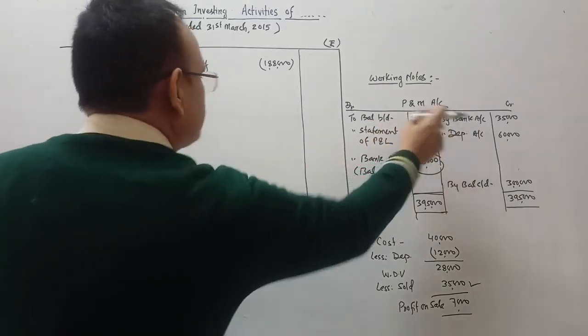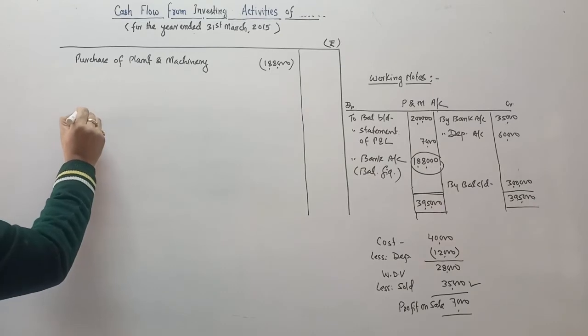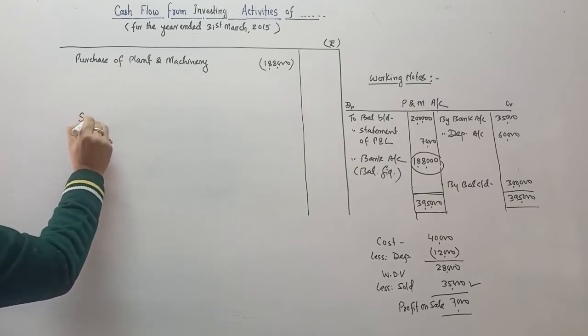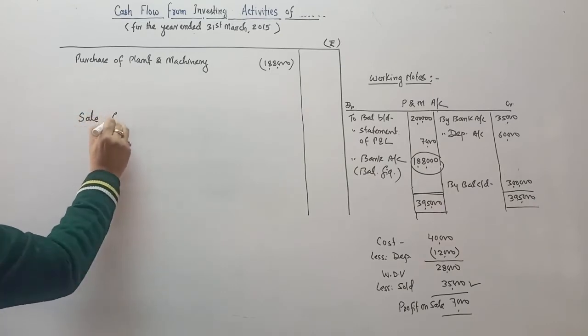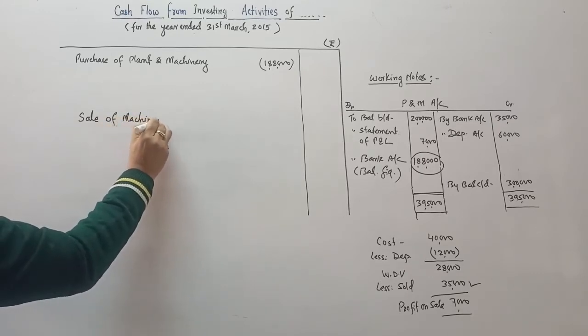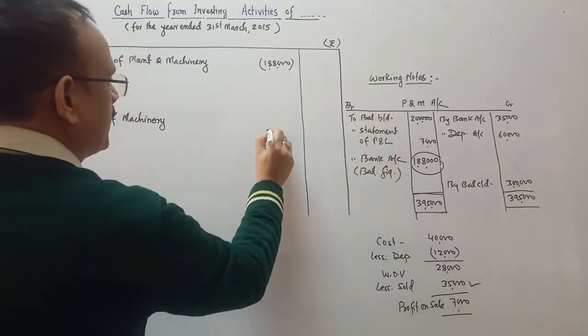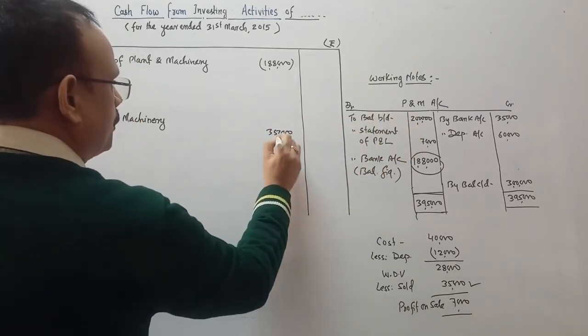And sale of machinery is the inflow. Sale of machinery is the inflow of cash and cash equivalent. That is sold at rupees 35,000, which is the inflow.